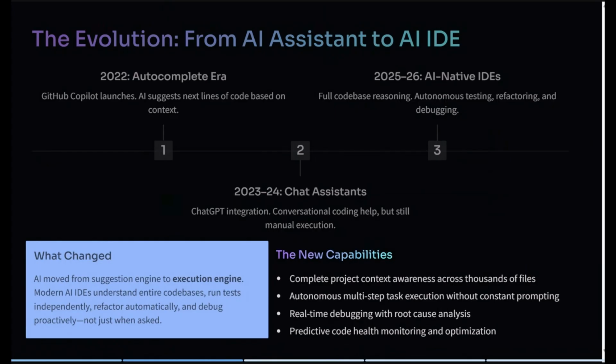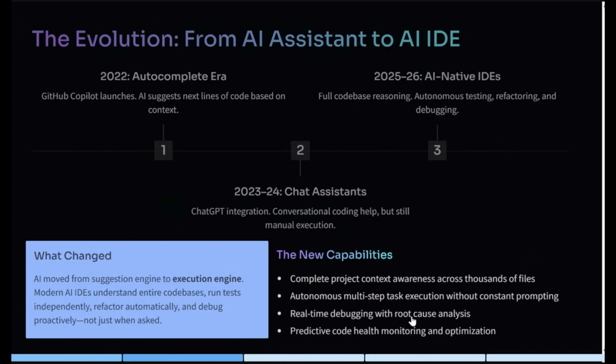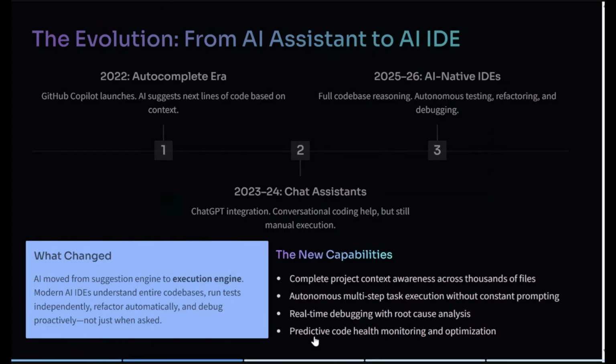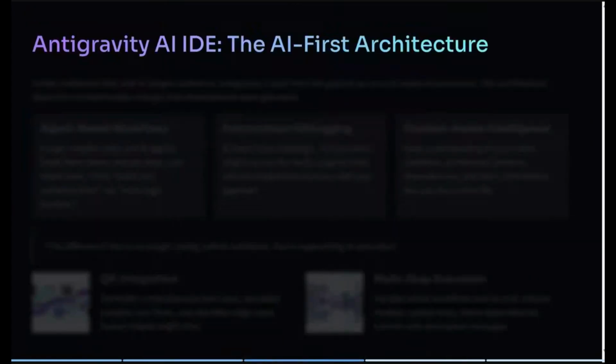It is helping not only in development, but also automation testers to write the test cases, execute the test cases, and keep the code base really clean. It has real-time debugging functionality with root cause analysis, and it has predictive code health monitoring and optimization as well, right?